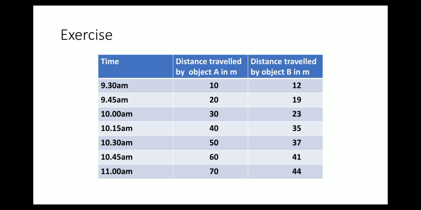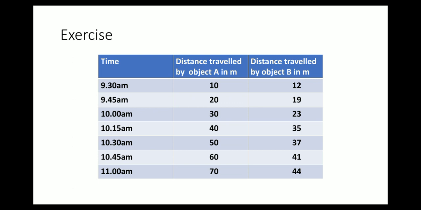The time is 9:30 a.m., 9:45 a.m., 10 a.m., 10:15 a.m., 10:30 a.m., 10:45 a.m., 11 a.m. Distance travelled by object A is 10 meter, 20 meter, 30 meter, 40 meter, 50 meter, 60 meter, 70 meter.